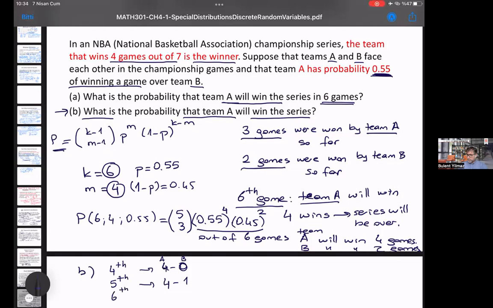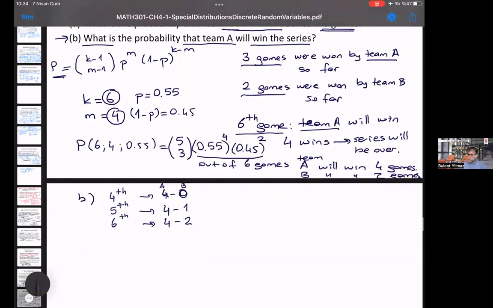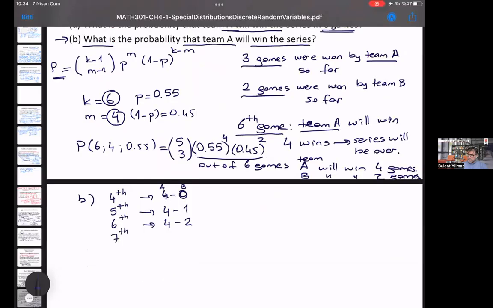And I can win at the 6th game, again winning 4 and losing 2. And in the 7th game, I can win 4 and lose 3. Right? And for each of these, I can write the probabilities, right? How can I write the probability for this one? I'm winning, team A winning the series in the fourth game.